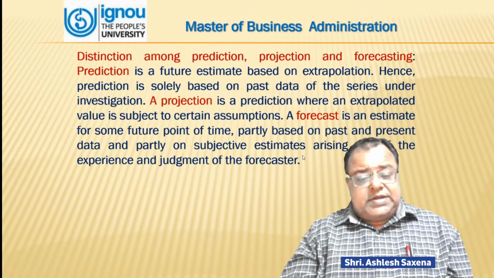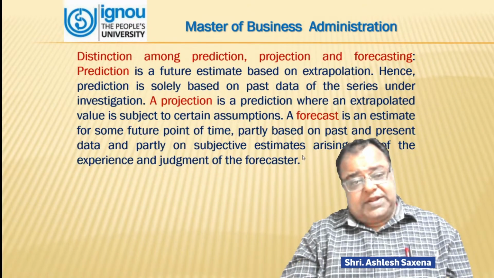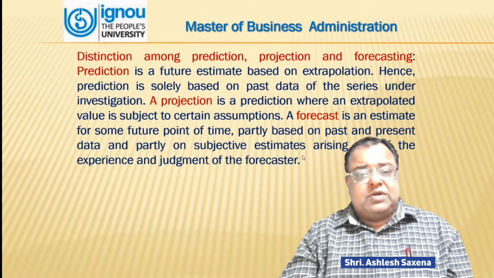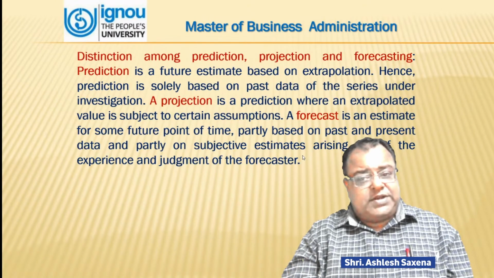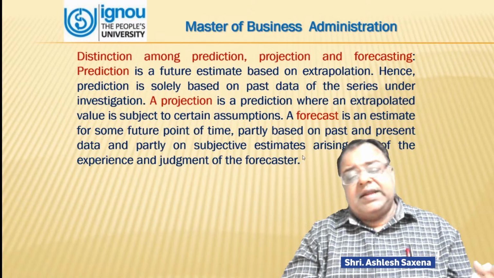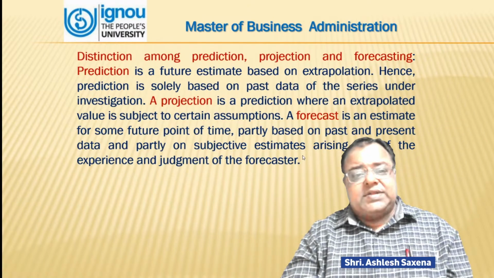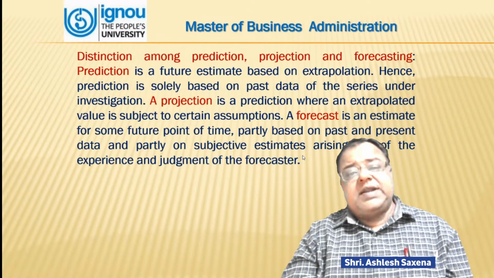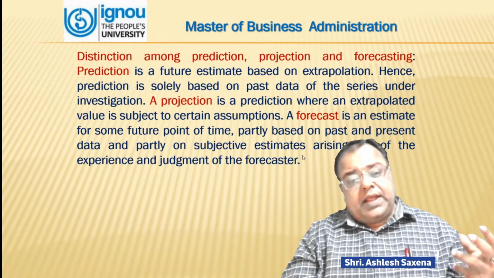Distinction among prediction, projection, and forecasting. Prediction is a future estimate based on extrapolation. Hence, prediction is solely based on past data of the series under investigation. Whereas a projection is a prediction where an extrapolated value is subject to certain assumptions.